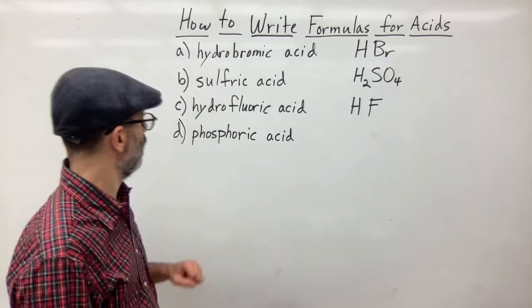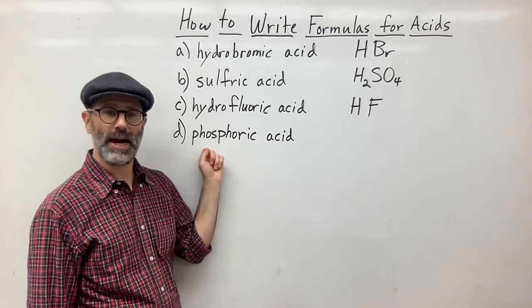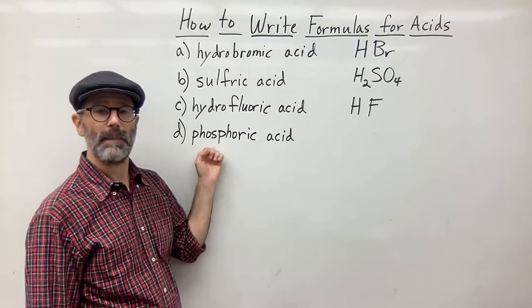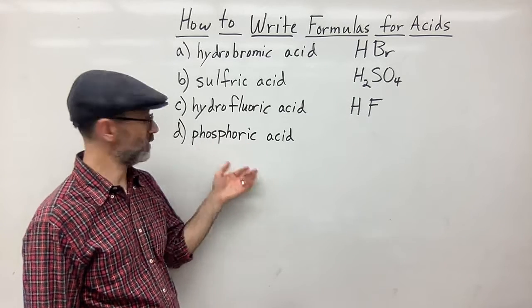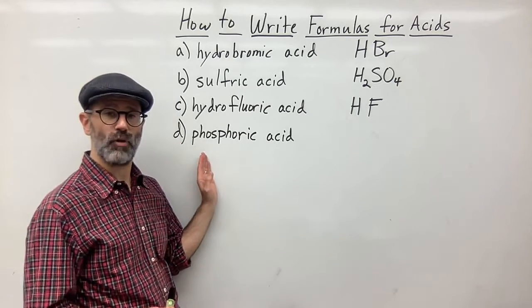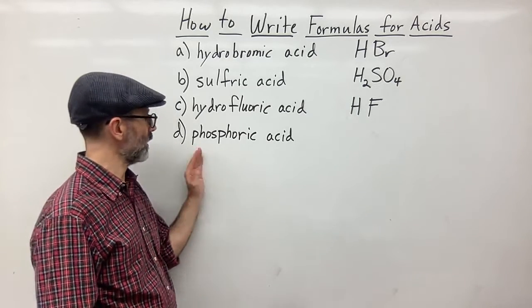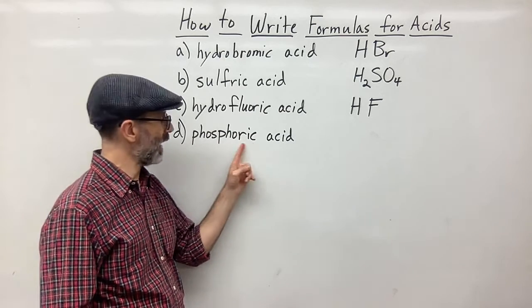And then finally, we have phosphoric acid. Again, there's no hydro here. So this is a polyatomic ion-based acid. It's an oxyacid. So one of the elements is going to be hydrogen, of course. So what is the polyatomic ion? Well, we have phosphor and we have an IC ending.